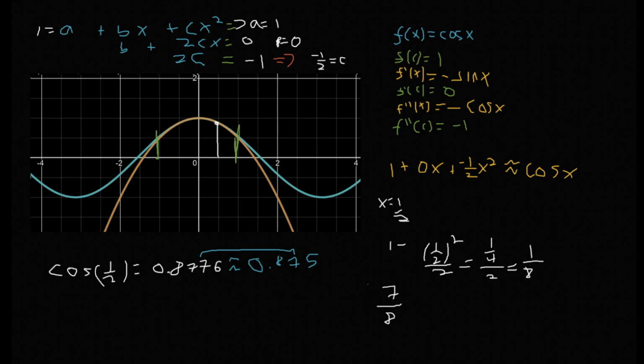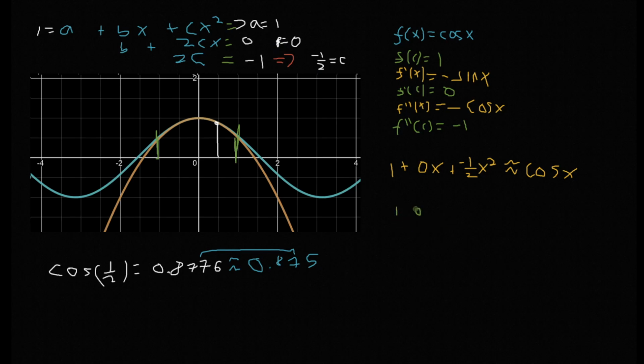For functions like sine and cosine, where the derivatives alternate, going negative sine, negative cosine, sine, cosine, we have these alternating ones and minus ones with zeros in between. And solving for these values of a, b, and c, we start noticing a pattern.